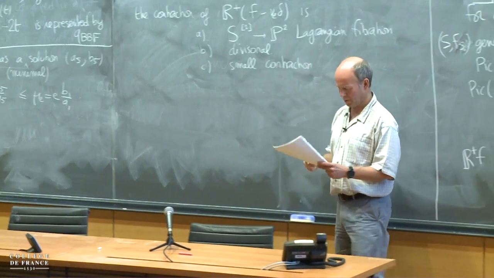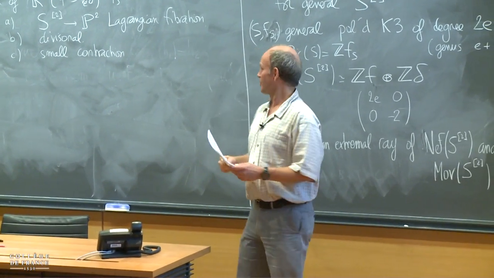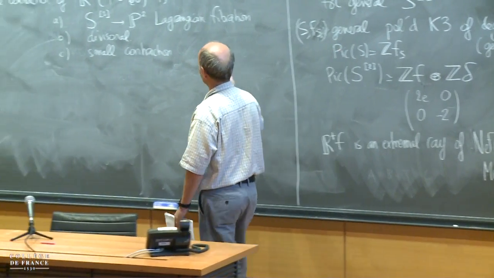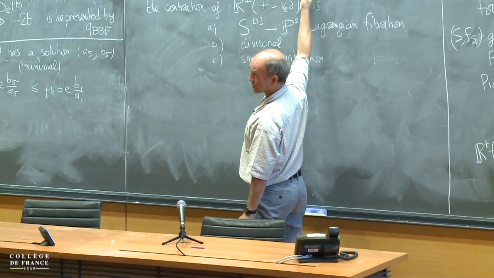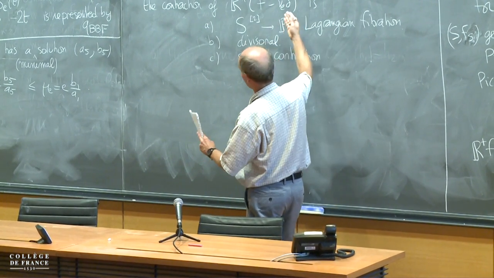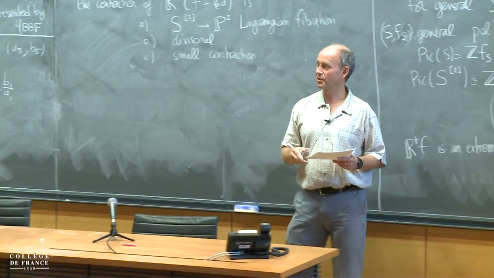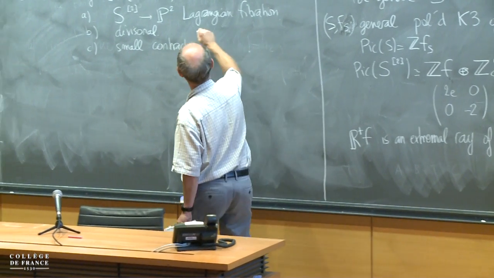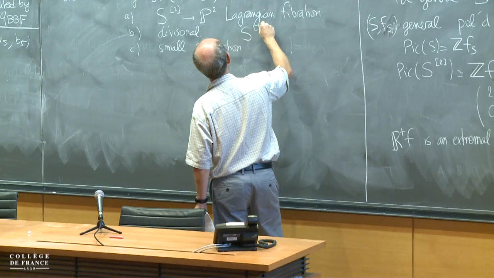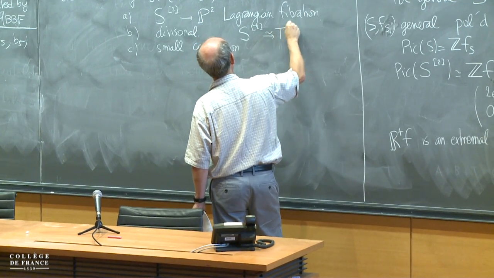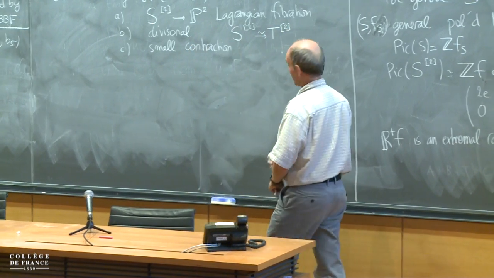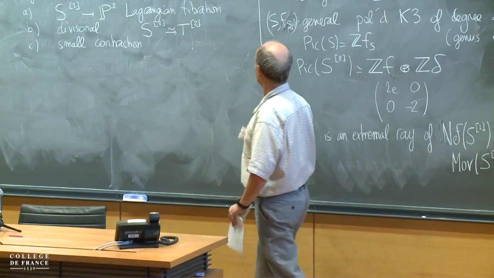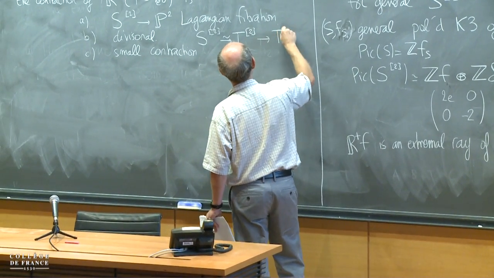Actually, in case B, you can be more precise. If I remember correctly, it says that it is also of this type here, for another K3 surface T. Okay, so it looks like this. S2 is isomorphic non-trivially to the Hilbert square of another K3, and this is the Hilbert to Chow morphism.